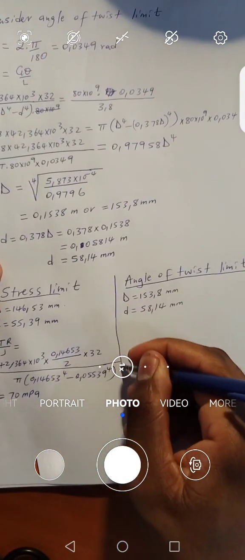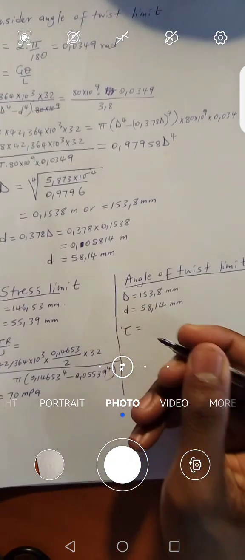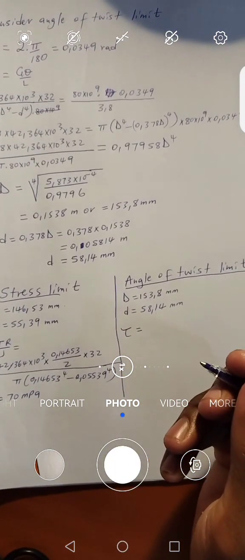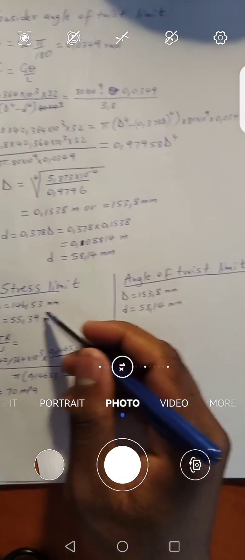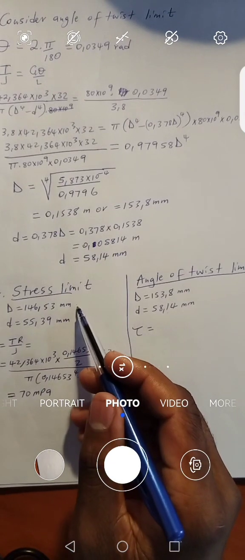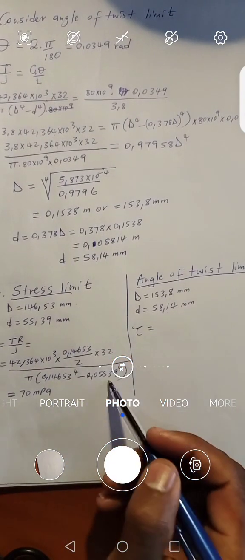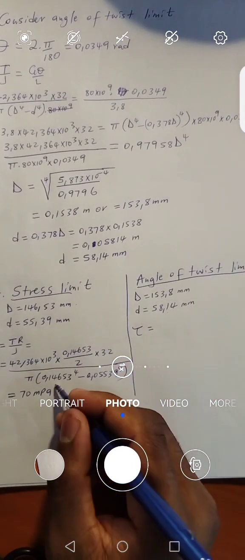Okay, let's calculate the shear stress considering the angle of twist. So we're going to use these dimensions. For stress limit, we've used the dimensions that we got when we considered the stress limit. So now we are still going to apply the same thing, but the only difference will be these diameters.